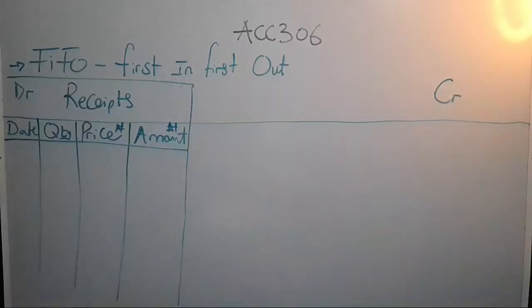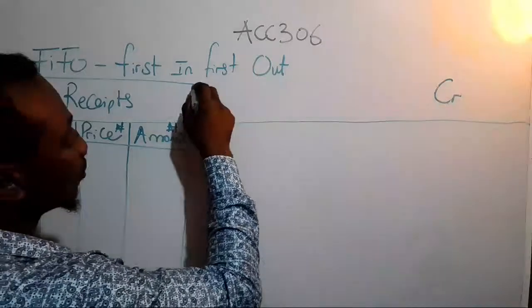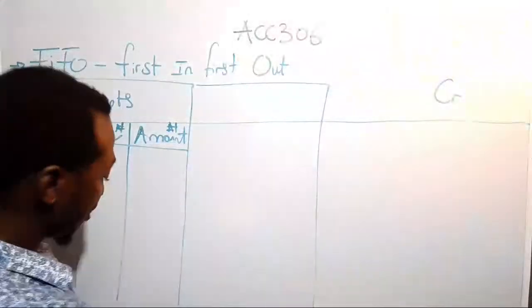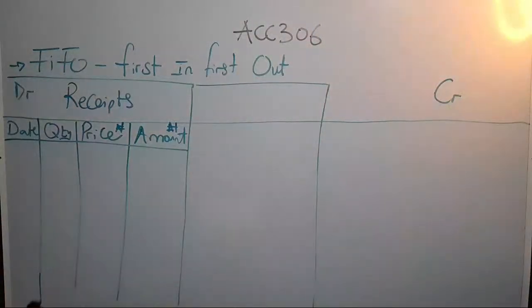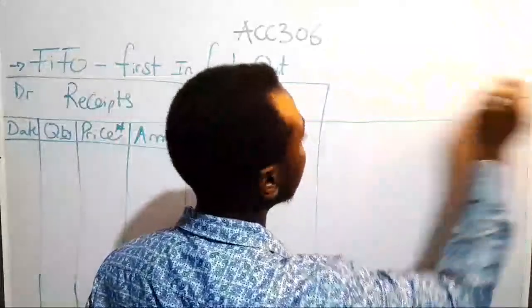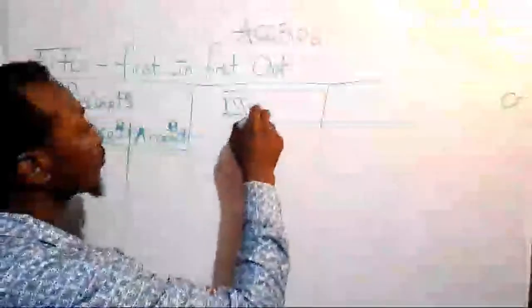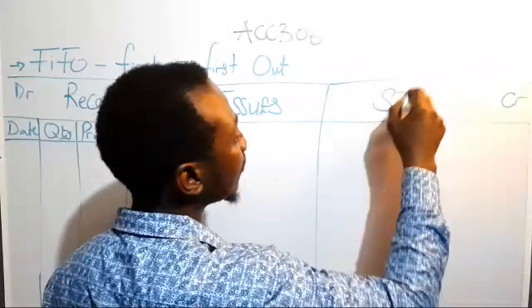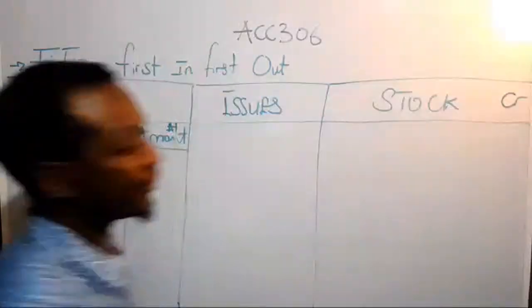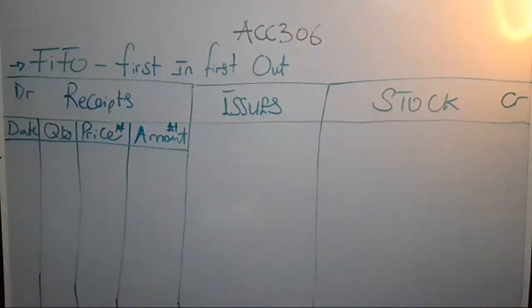Then we have the issues. Then we have the stock. Now under issues, we have the quantity, we have the price, and the amount.